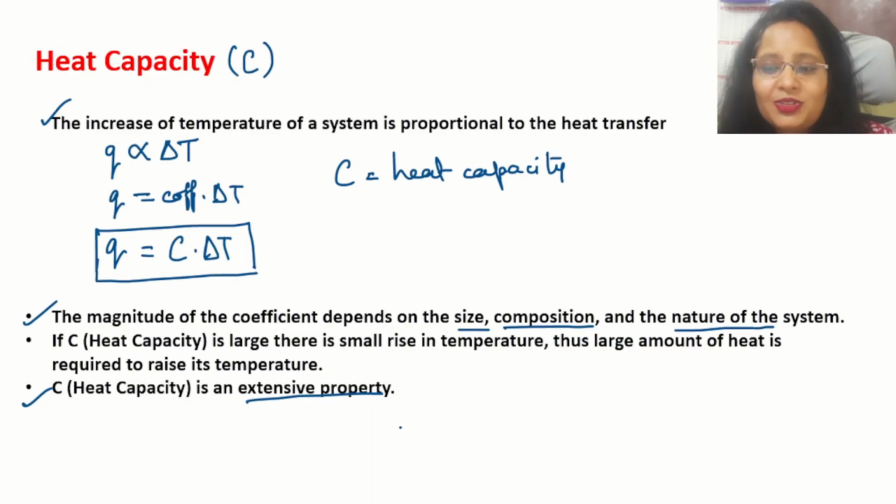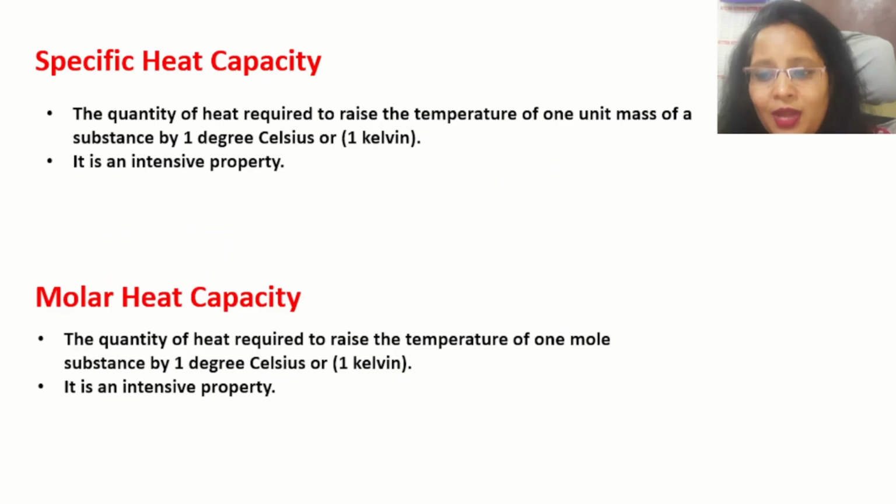So now, let's come to the specific heat capacity. The quantity of heat required to raise the temperature of 1 unit mass of the substance by 1 degree Celsius or Kelvin is called the specific heat capacity.